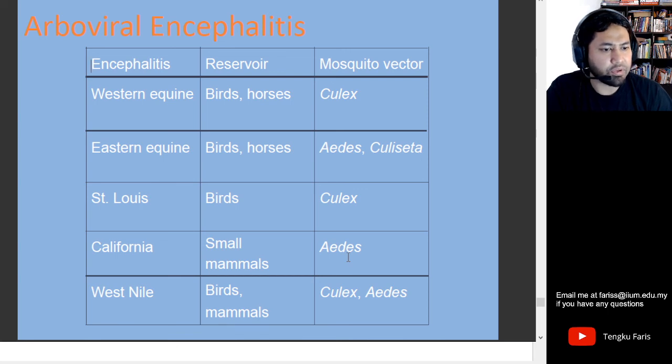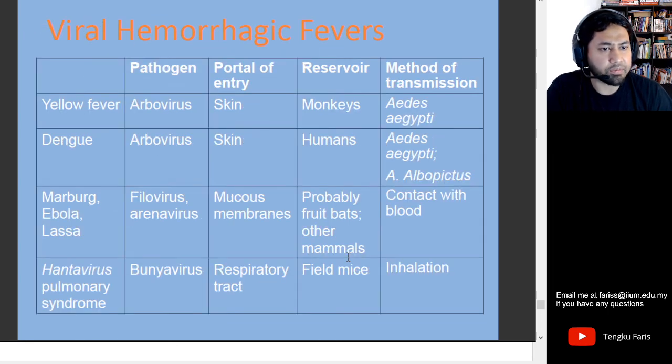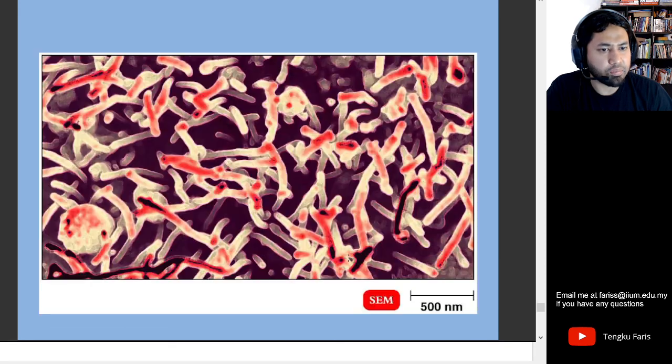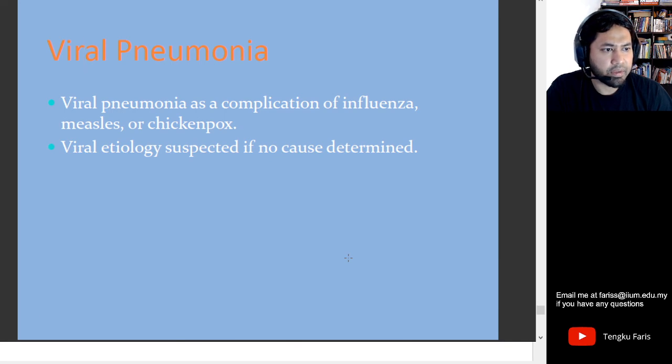It is possible to infect other animals too, or make some other animals a reservoir for them to mature and synthesize new particles. All right.